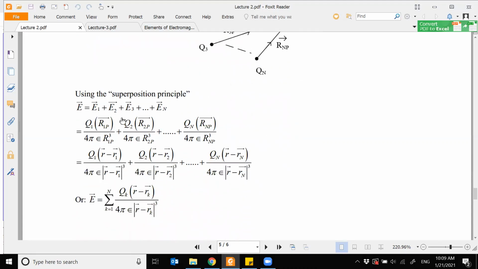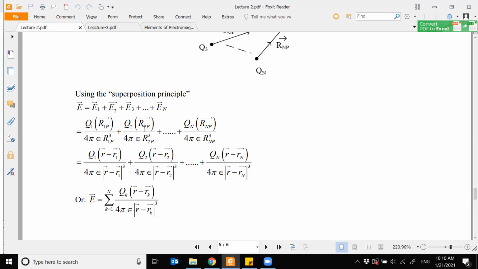So if you see here, the electric field will be the electric field due to charge Q1, which is E1 bar, charge Q2, E2 bar, and so on. And what is this E1? Let's replace this E1 with its expression. So it is Q1 times the distance vector divided by 4 pi epsilon times the distance vector cubed.